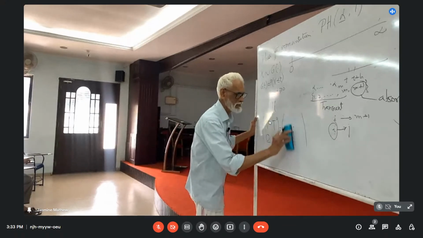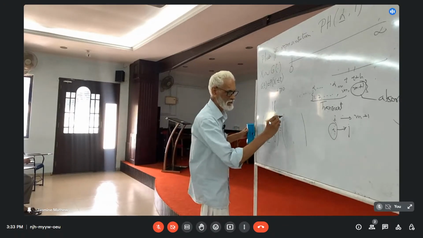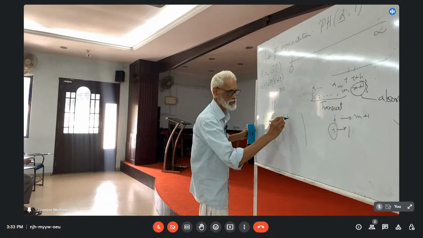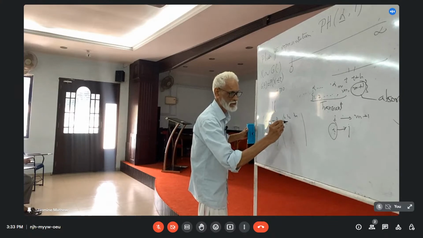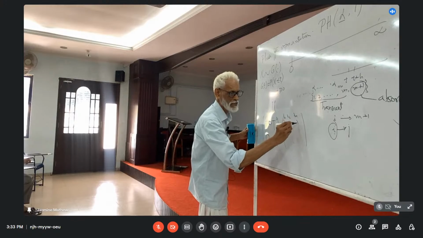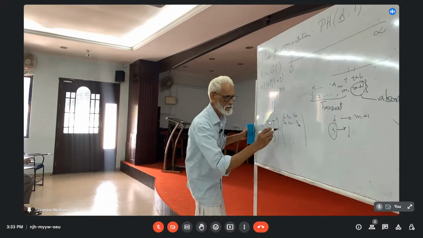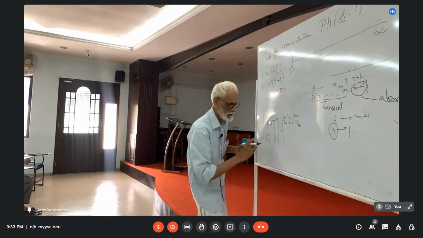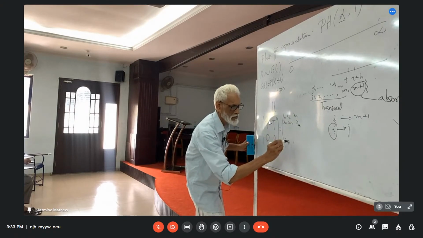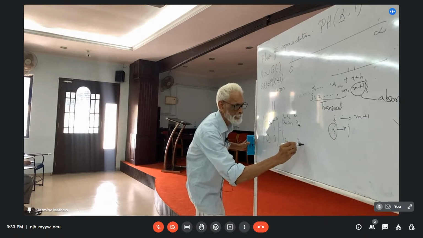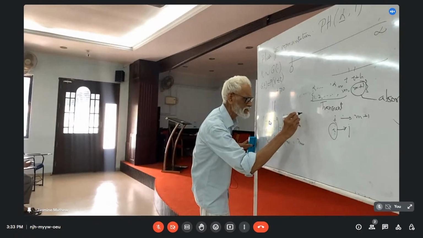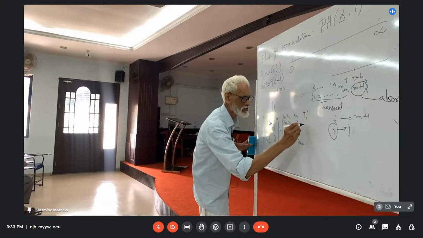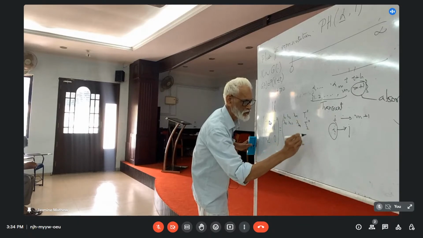Therefore, for the transient part, we have lambda 11, lambda 12, and so on up to lambda 1m, then lambda 21, lambda 22, up to lambda 2m, and it goes like that, up to lambda m1, lambda m2, lambda mm. Then for T naught, I write T1 naught, T2 naught, and so on up to Tm naught.